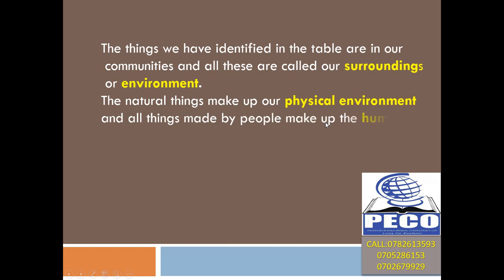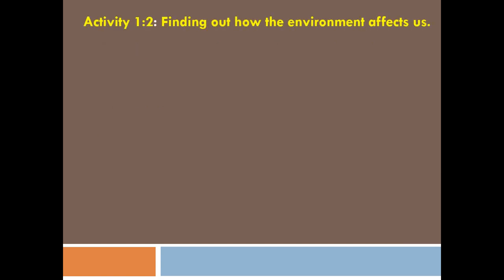Then all things which are made by man make up what we call the human environment. And we identified things like roads, buildings, electric poles, vehicles. All those constitute what we call the human environment, or the human surrounding.